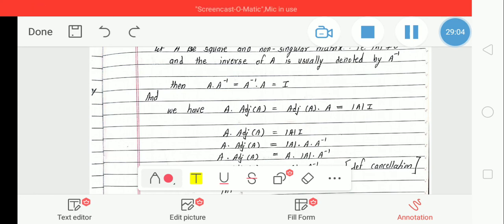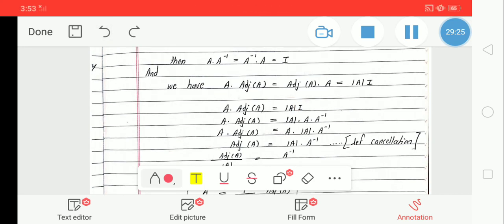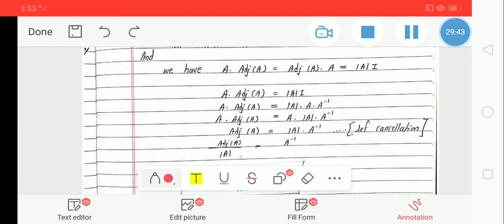Now we take this. We have A multiplied by adjoint A, and adjoint A multiplied by A, equal to mod of A times identity. So A multiplied by adjoint of A is equal to mod of A multiplied by identity. We can also write the identity in this way, so A multiplied by adjoint A is equal to mod of A times A A inverse. Now A goes to the left side, so A multiplied by mod of A multiplied by A inverse.